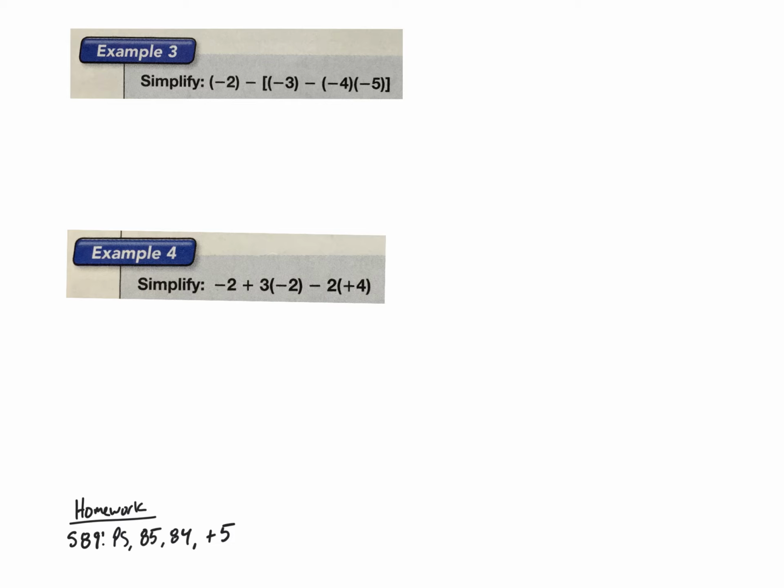Alright, another one here. So notice we have these parentheses here, so I need to do everything in here before I mess with the stuff on the outside. So inside, I have a number minus a product, so I need to do this product first. So this is going to be negative 3 minus 4 times 5 is 20.